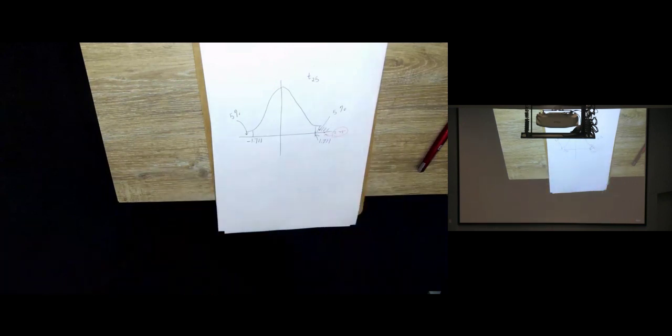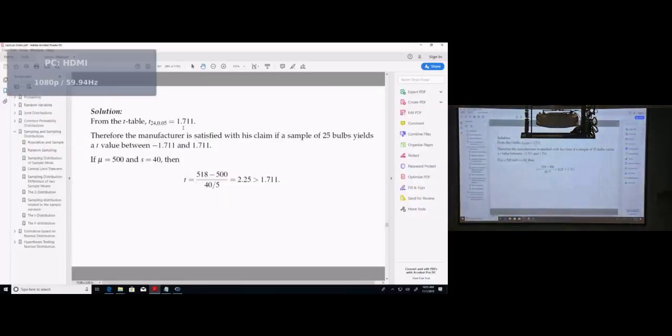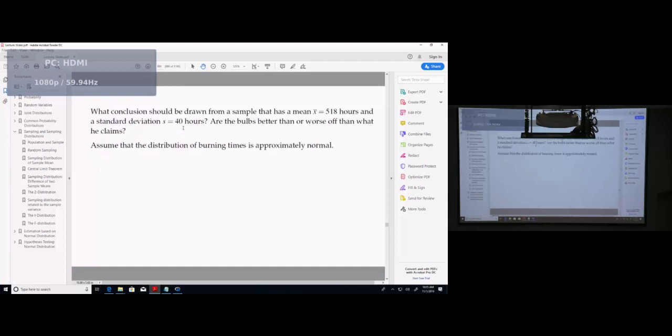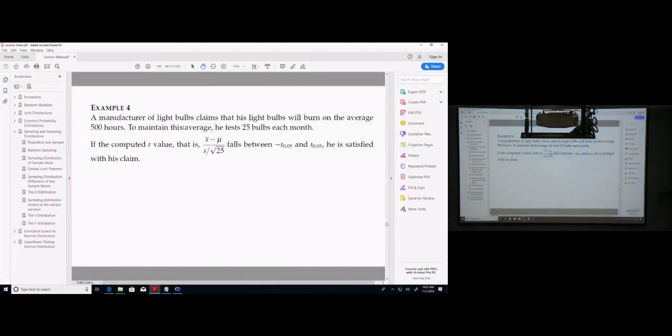Okay, so if you are using this 10% thing, now the light bulb is likely to have longer than 500 hours, all right? Because we are testing whether it is 500 hours.